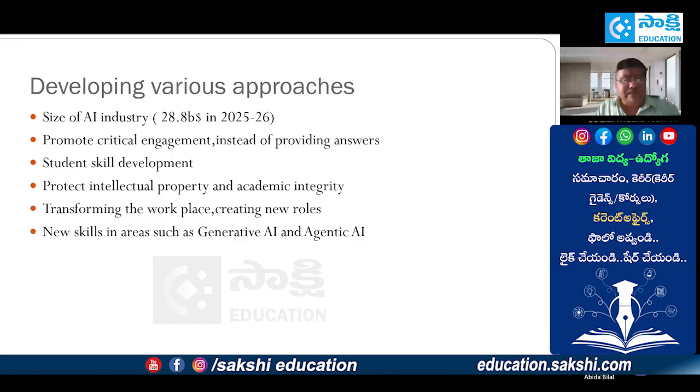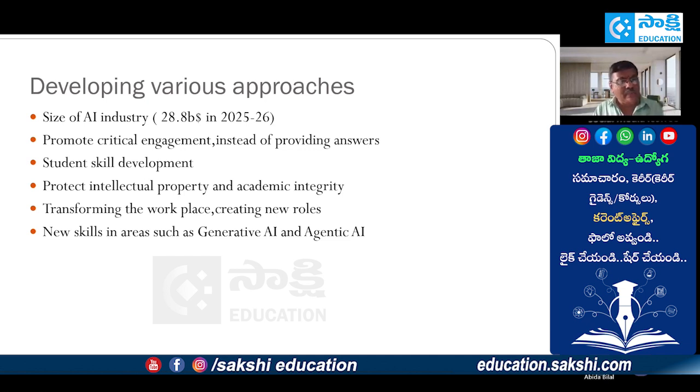maximize benefit. Now, see, in almost all universities across the country, in almost all higher education institutions, artificial intelligence has become an integral part of the curriculum, both at undergraduate level and at the post-graduation level also.